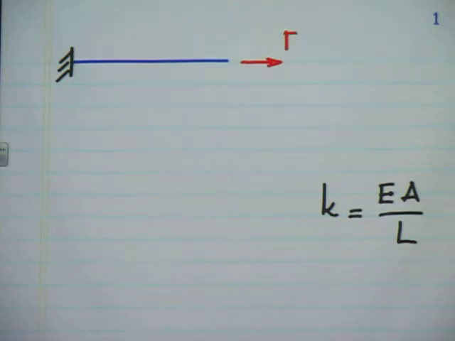And so on the left end, it would be clamped, and on the right end, and we'll consider only axial deformation along the length of the beam, and think of and apply force F here, and the properties of the elastic bar here would be Young's modulus, area of cross section, and L.